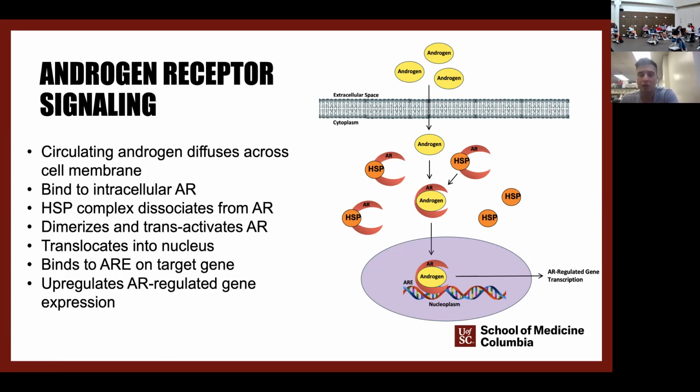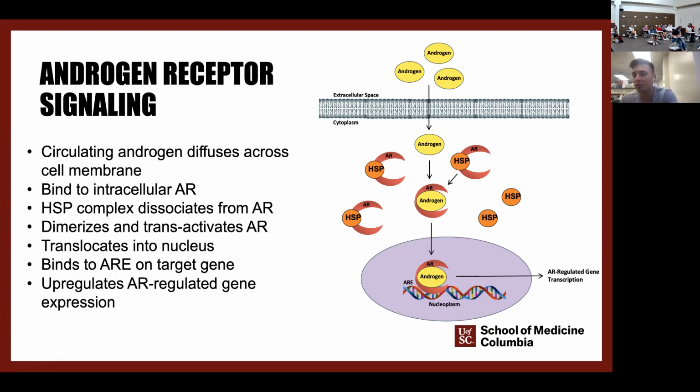The fancy term for this is that the receptor becomes transactivated and dimerizes, and then we get what's called nuclear translocation. That's this activated DNA binding complex translocating through the nuclear membrane and into the nucleus where we have our DNA.